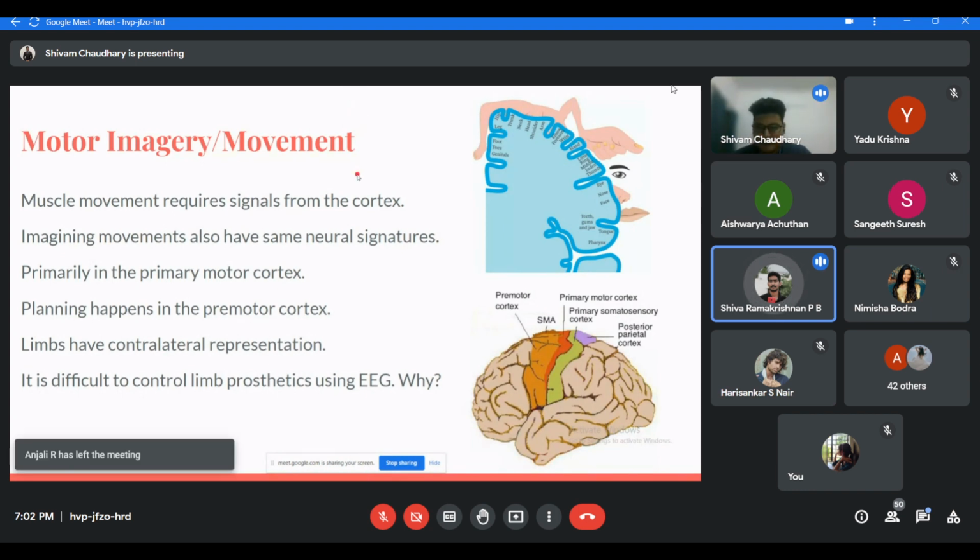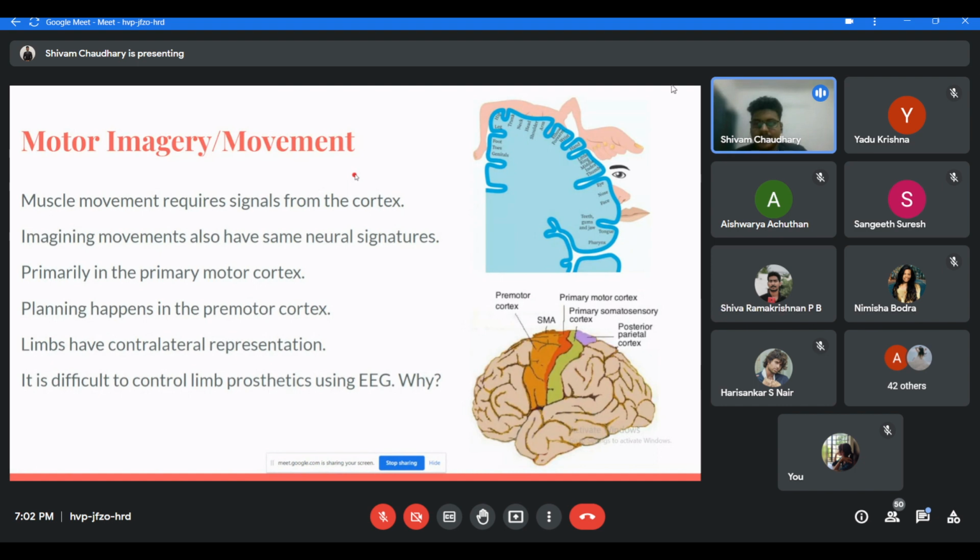Suppose we want to bring it into the entertainment field, or suppose I want to create a web application where I can design something with my thoughts. I know it's a very complex thing, but is it possible to develop such an application?